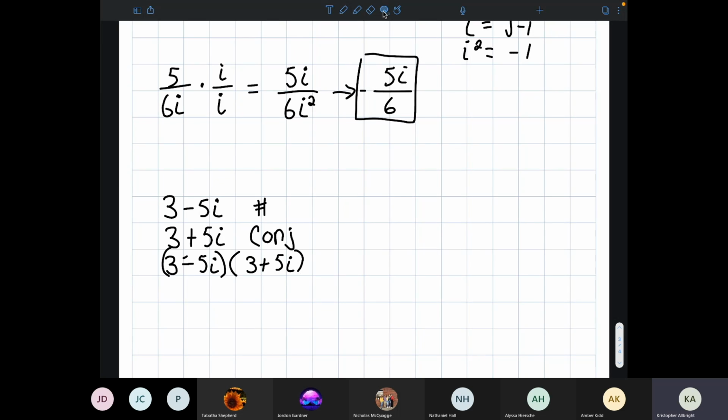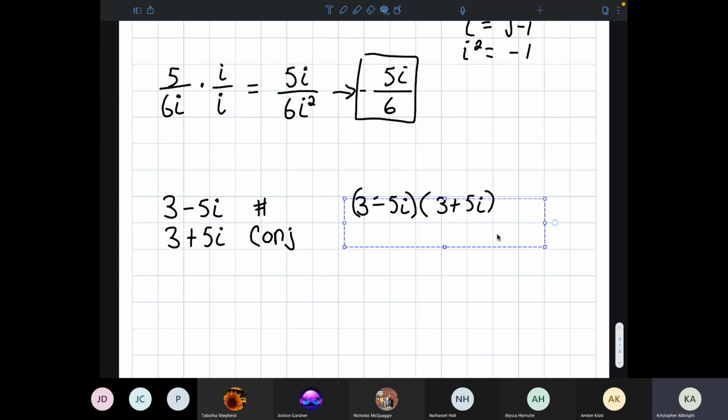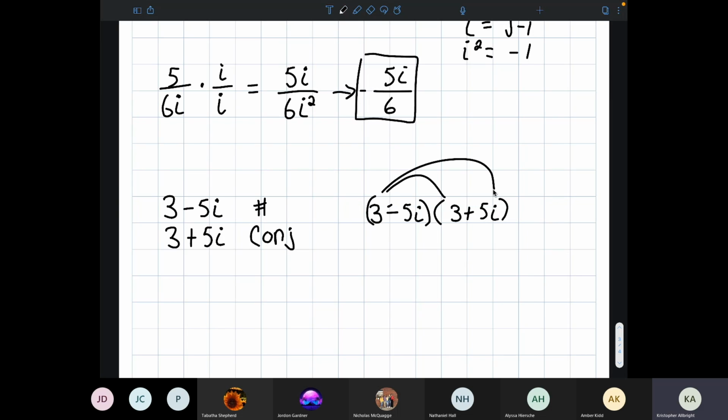So I'm going to move it over. I'll move it back once we have an answer. Three times 3 is going to give me 9.